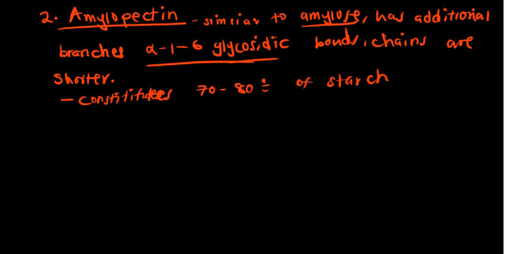So let's look at an example of amylose, and also how this amylopectin is formed, so that we can see the differences. You will just look at the structure of amylose. We already looked at the structure of maltose.